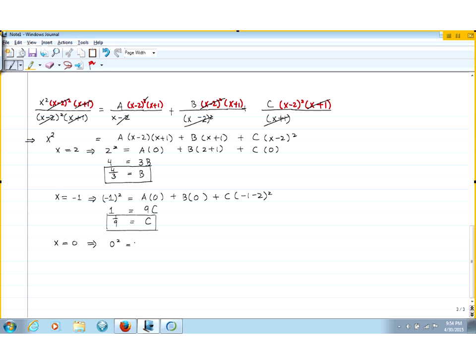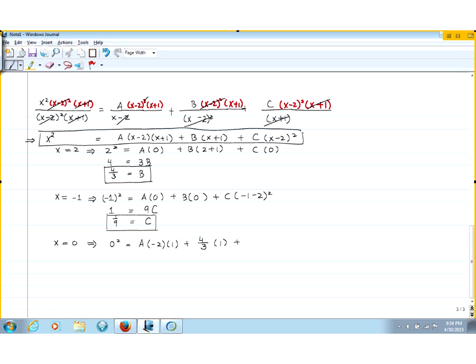On the left, 0 squared is 0, equal to A times -2 times 1, since I'm substituting 0 minus 2 and 0 plus 1, plus B, we know B is 4/3, times 0 plus 1, which is 1, plus C times x minus 2 squared.